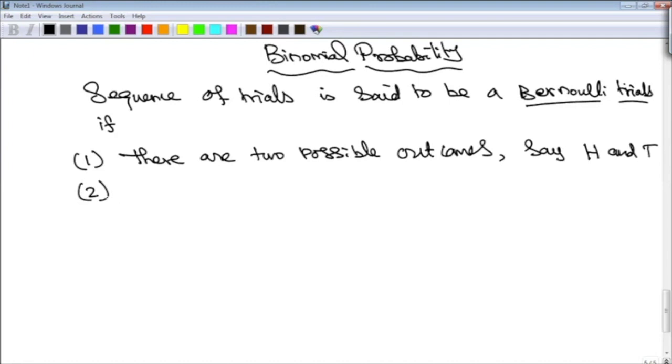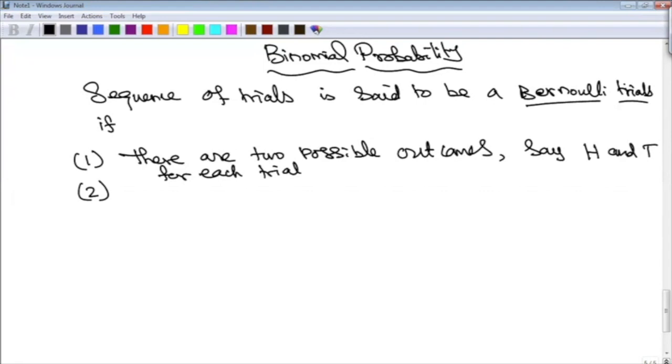The second condition is, so this is for each trial. Each trial, your outcome is either a head or a tail, H or T. It can be anything. Let me denote it as a success or a failure. You can think like that. Okay, so there is a success or failure.